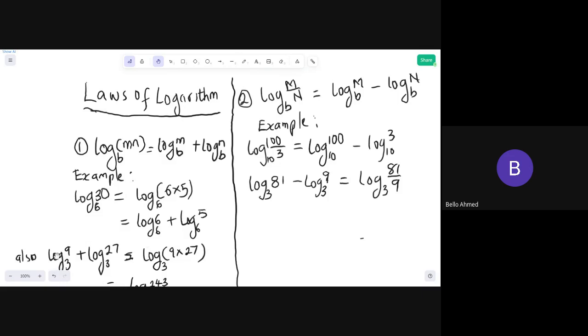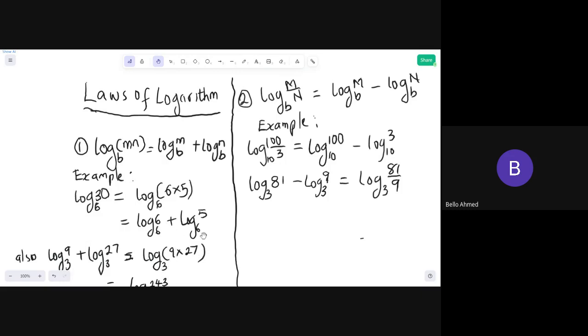So logarithm of 9 base 3 plus logarithm of 27 base 3 is going to give us logarithm of 9, then the addition here is going to turn to multiplication. Please don't put addition. It's going to turn to multiplication. So you simply say logarithm of 9 times 27 to base 3.